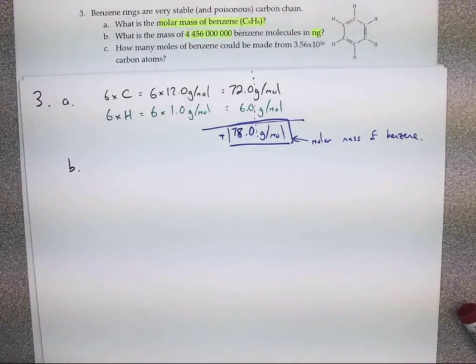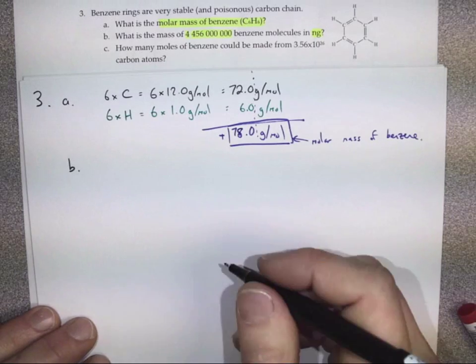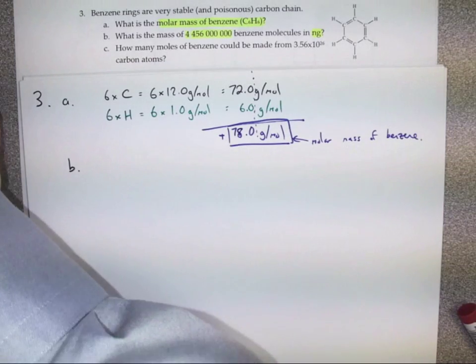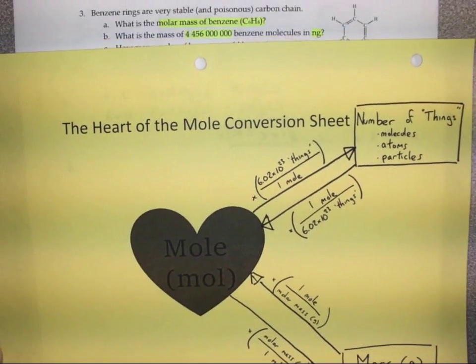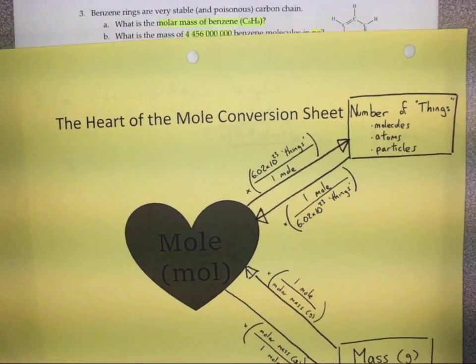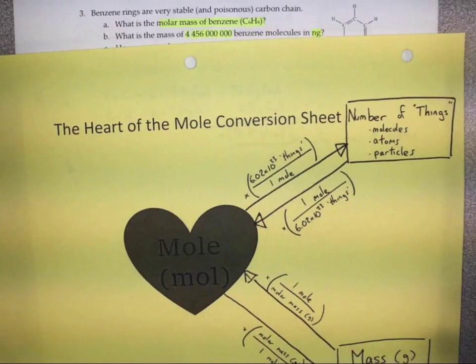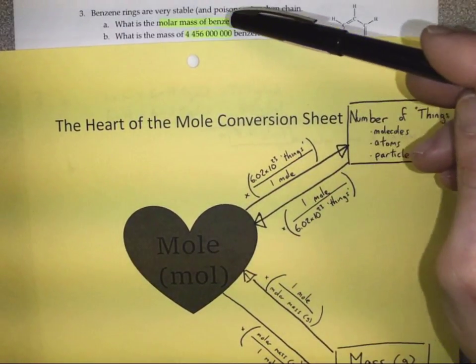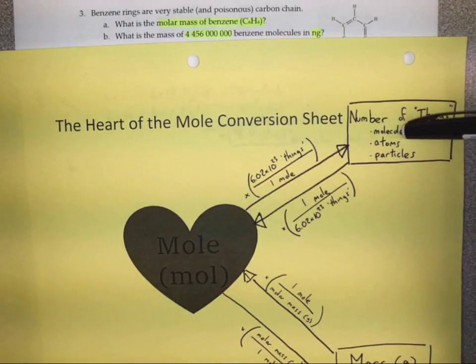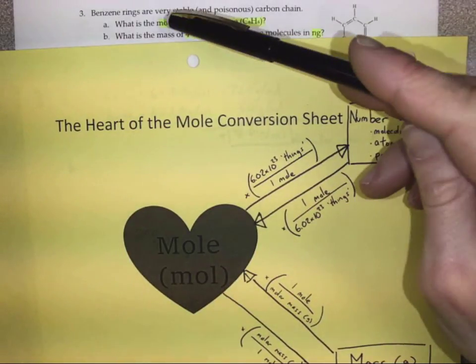So where do we start? Well, where are we beginning on this sheet? That could be a useful guide. We're starting with some number of things. We know we have 4 billion molecules. And we want to know the mass.